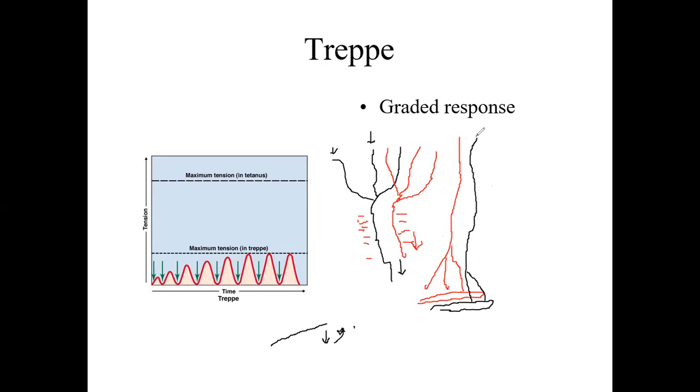When I increase the strength, I recruit more motor units. That will ensure I have enough tension to support more opposing force. This one you don't need to add more units because it's only a small weight.